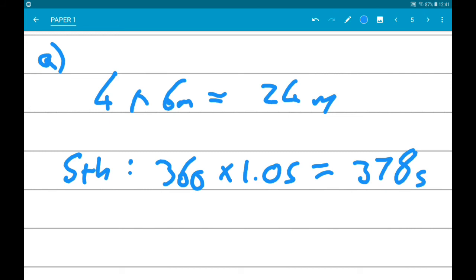Now, the 6th kilometer is going to be 378 times 1.05.